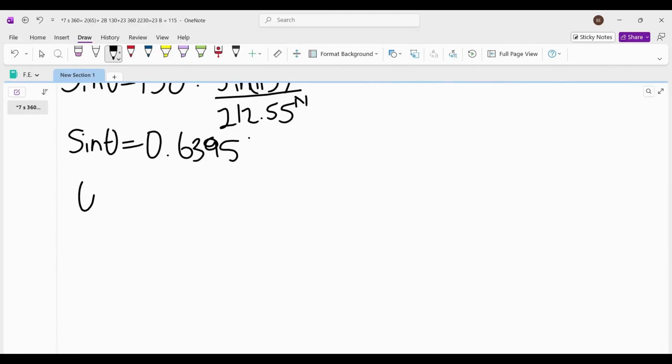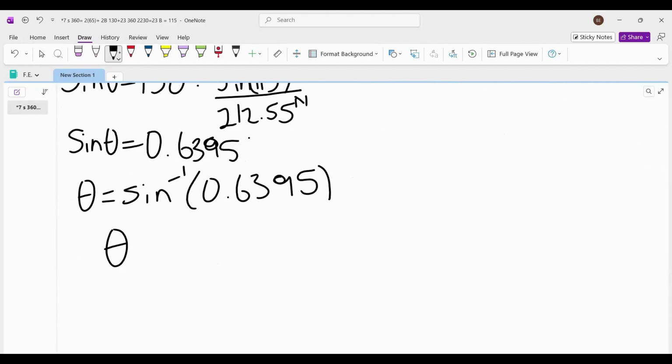When we do that, we know that theta equals the sine inverse of 0.6395. So again, we're going to input that into our calculator. So we got that theta is equal to 39.75 degrees, almost 40 degrees.